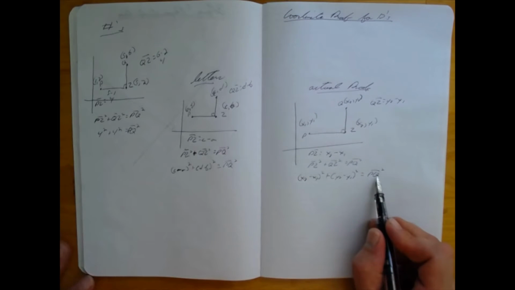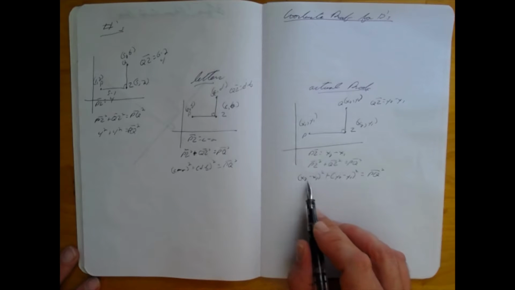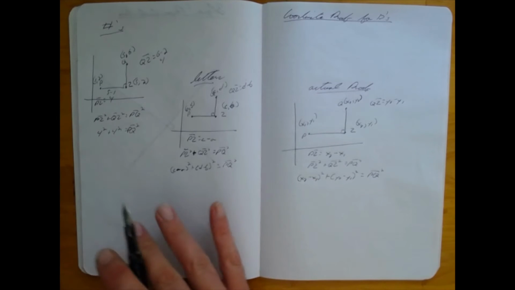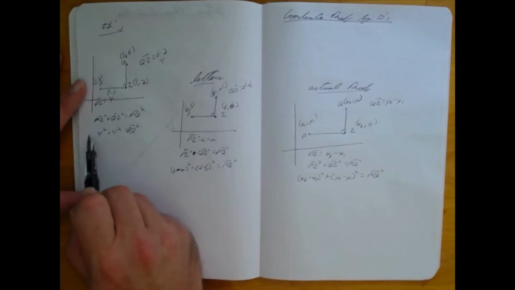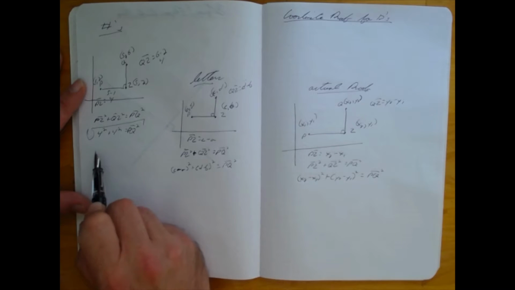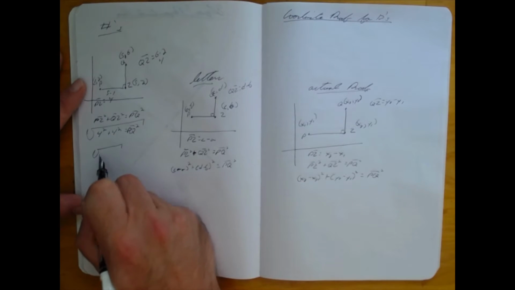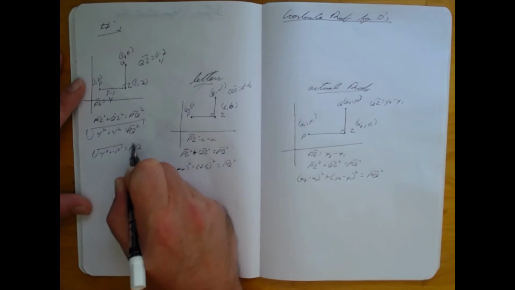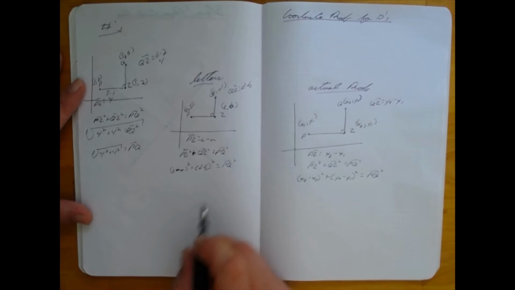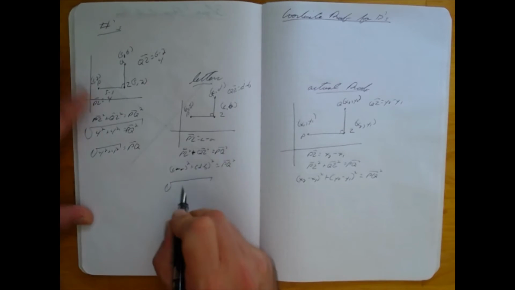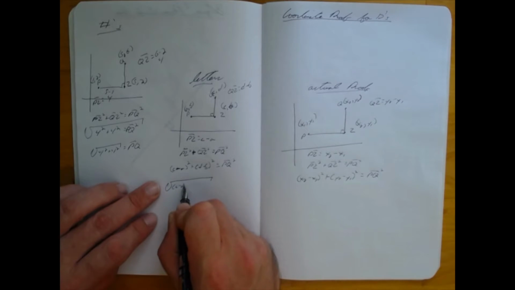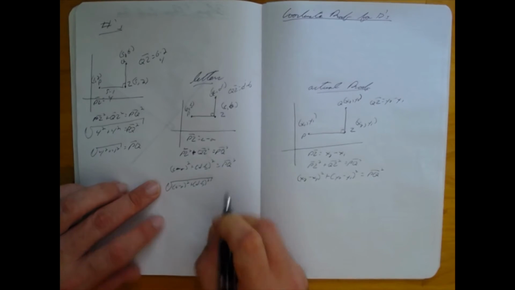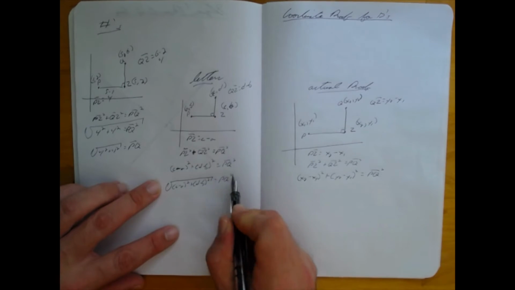So now what I've got is the distance is equal to the square of each side, and I've set it up each way. Now at this point, I'm not even really worried about calculating. I'm going to take the square root of both sides. This is going to mean that the square root of 4 squared plus 4 squared is equal to the length of PQ. Or the square root of c minus a squared plus d minus b squared is equal to PQ.